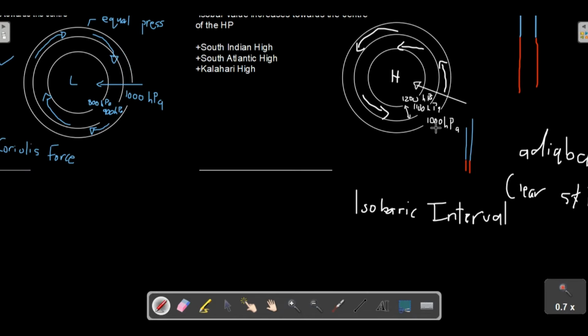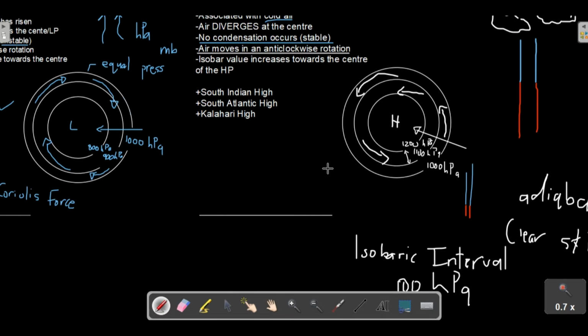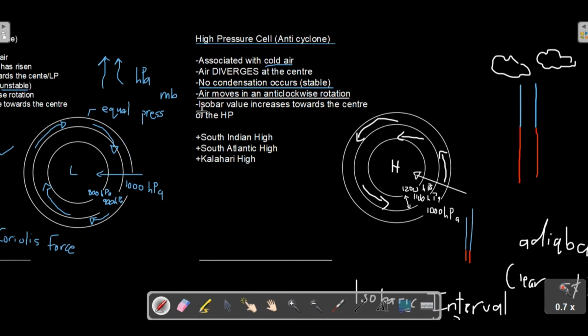So 1100 subtract 1000, that of course is 100 hectopascals. That's another term that we use when we are looking at isobars. Isobaric interval, that's the difference between consecutive isobaric values or isobars.